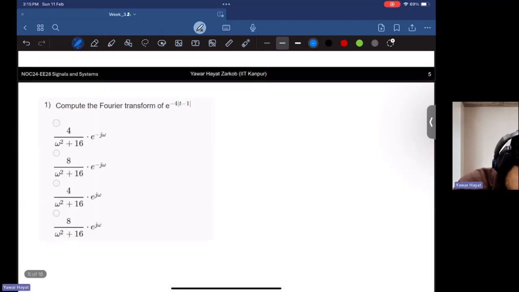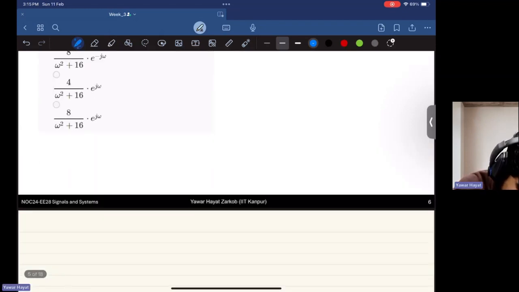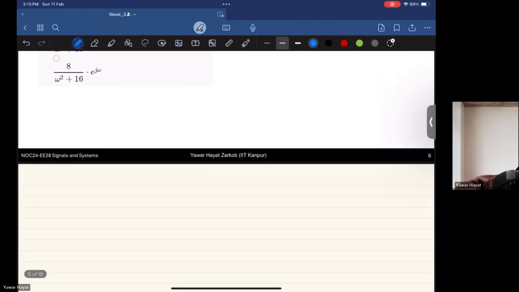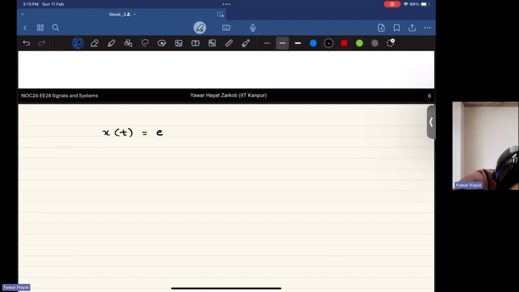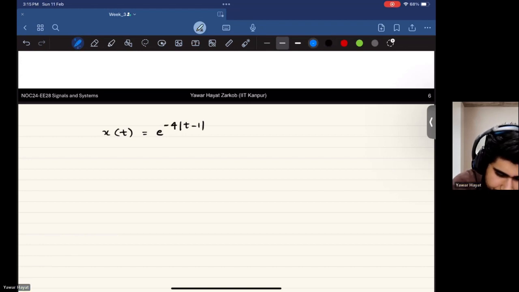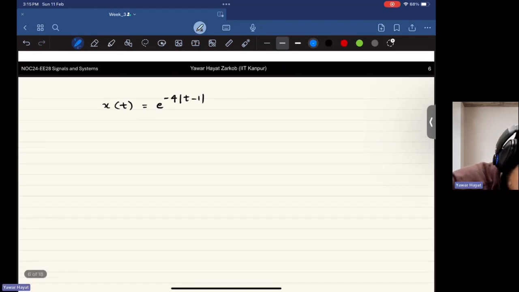So the given function is x of t equal to e to the power minus 4 modulus of t minus 1. And we need to find the Fourier transform of x of t, right?